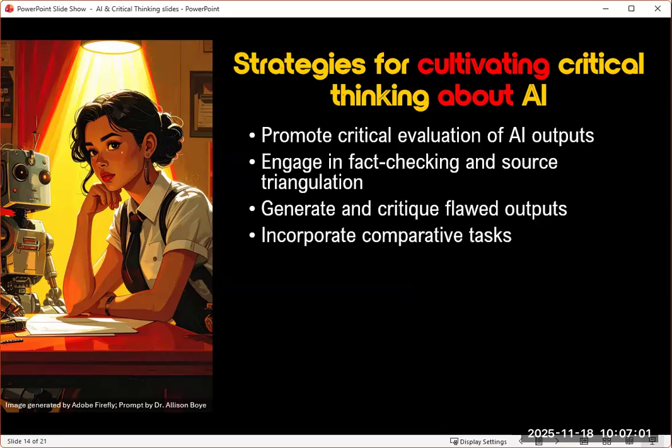Incorporating comparative tasks. So asking them to compare and contrast AI-generated solutions or output against their own reasoning, right? So maybe have them generate their own idea or summary or argument, then have generative AI do that, and then they can do some interesting compare and contrasting with that.